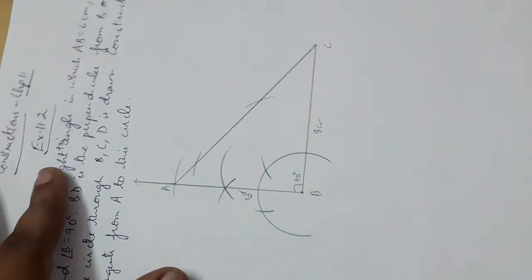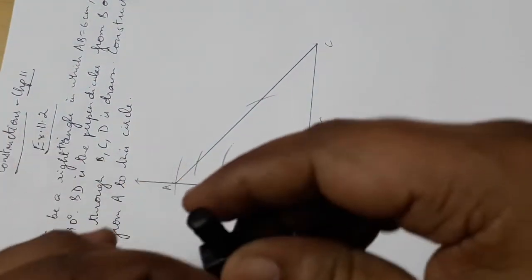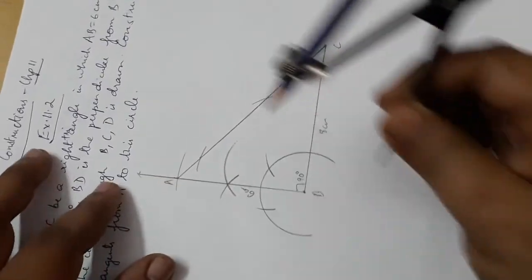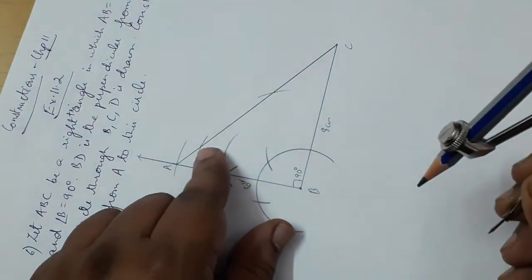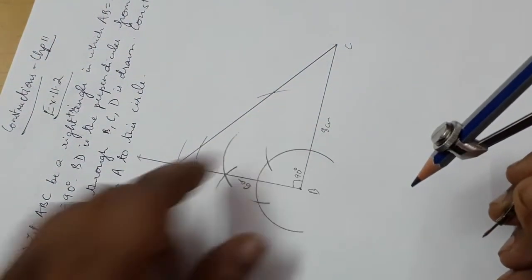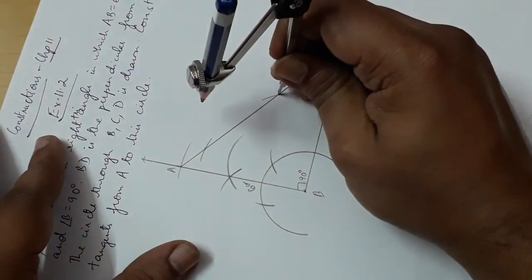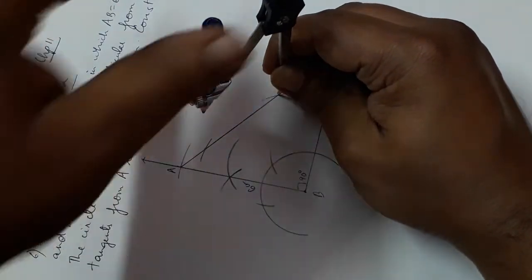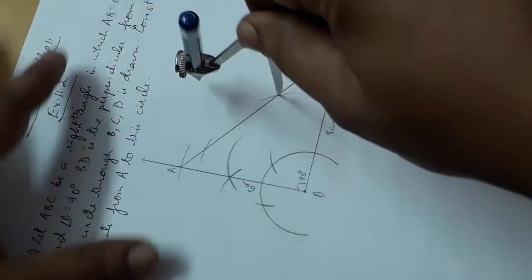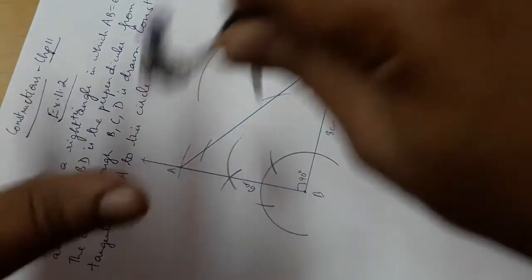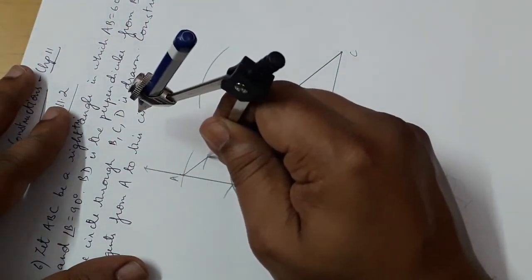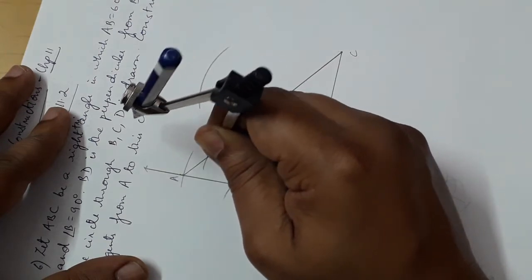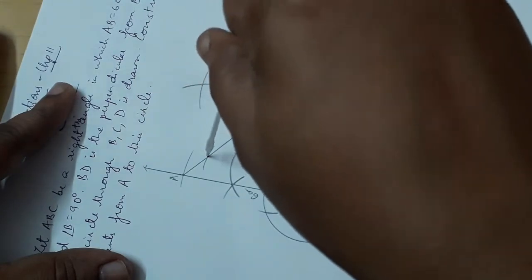Now all we need to do is draw a perpendicular bisector to this, and for that we'll just take a measurement that is more than half of this length. So I've already done that. I'm going to draw an arc here, and then keep the compass pointer here and cut this arc.